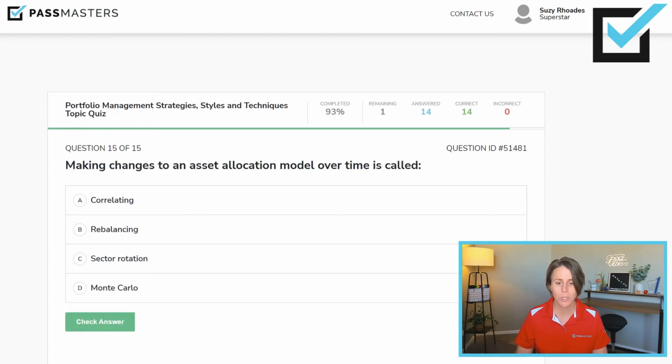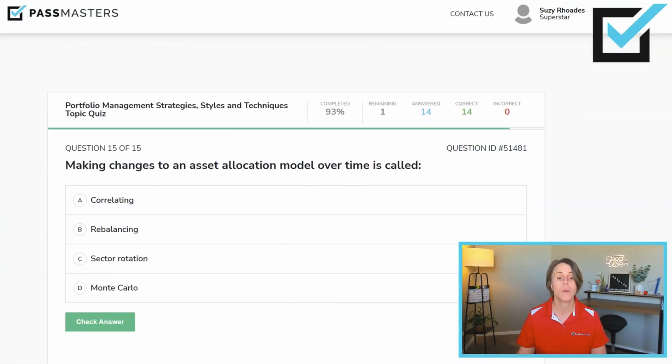Making changes to an asset allocation model over time is called correlating, rebalancing, sector rotation, or Monte Carlo. So strategic asset allocation, which is passive, is going to be subject to the need to rebalance the portfolio over time.